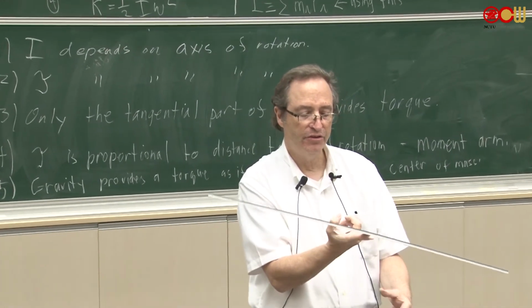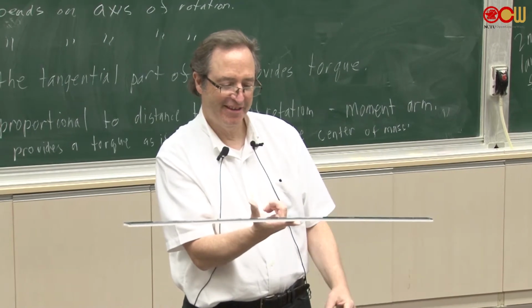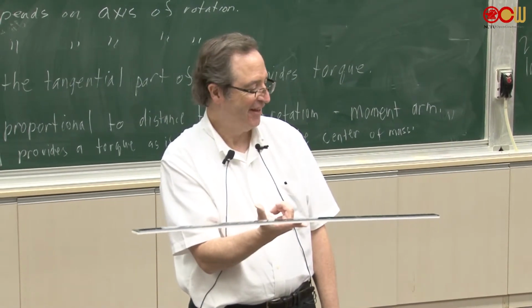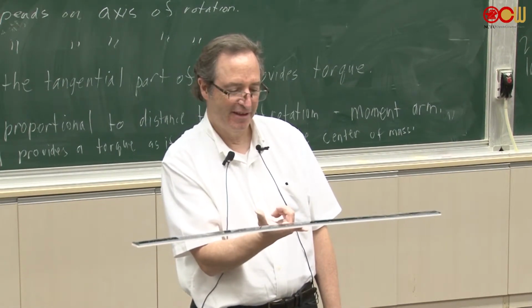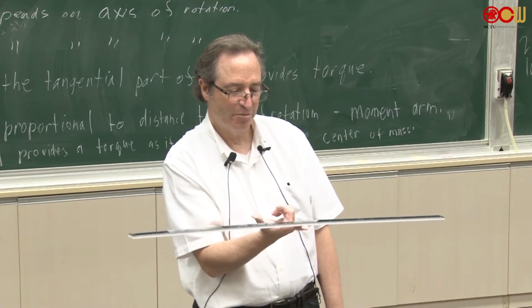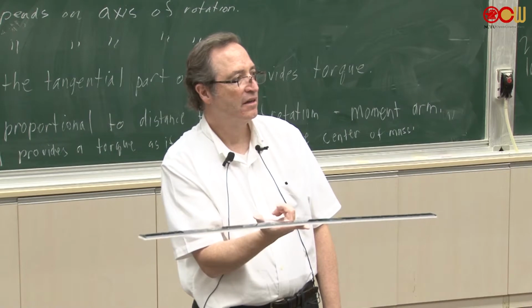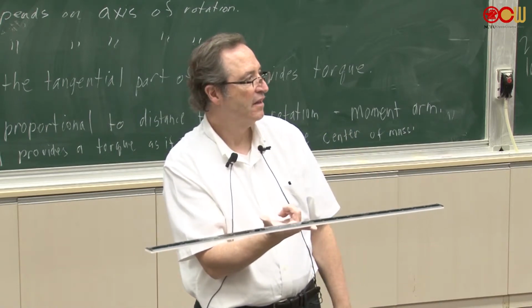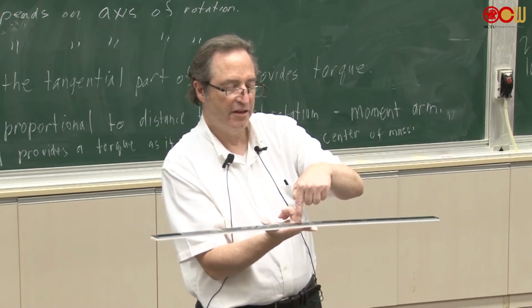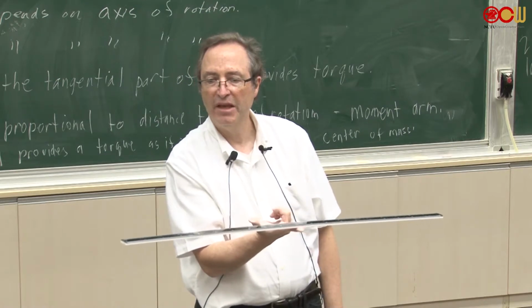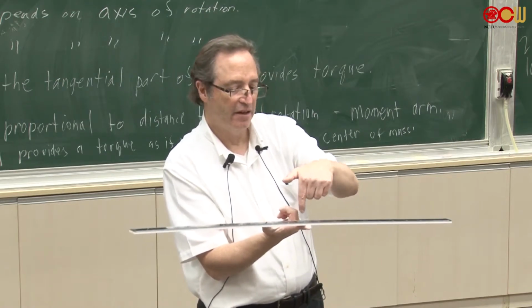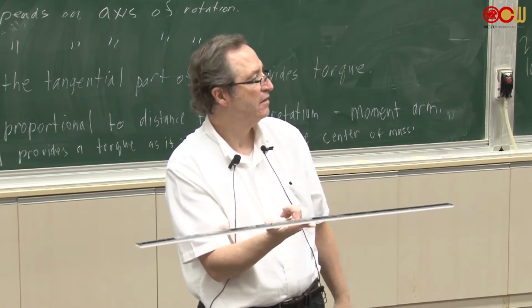So I can hold this. It's probably close to the center. I don't know how good a meter stick this is, but the fact that I'm holding it there, gravity is going down, it's right through the same place as my finger, means that gravity is acting as if it's right there.